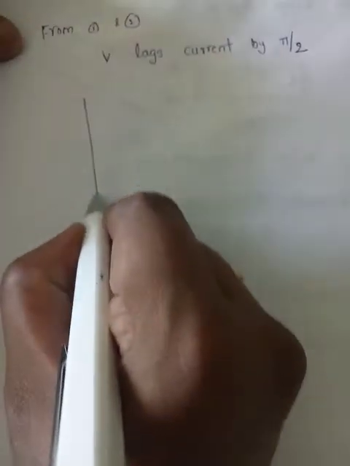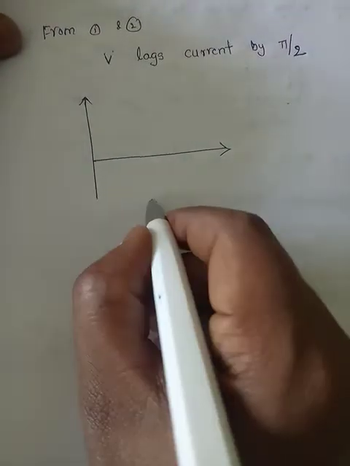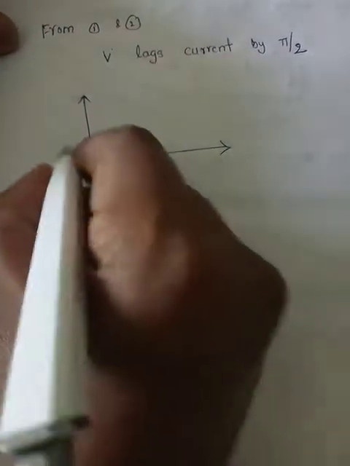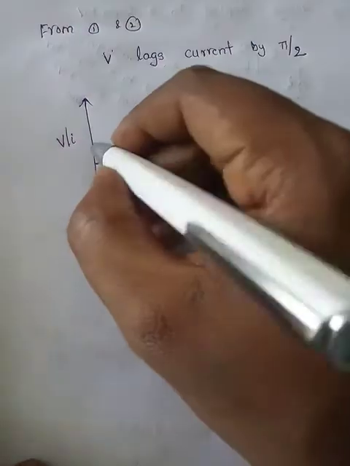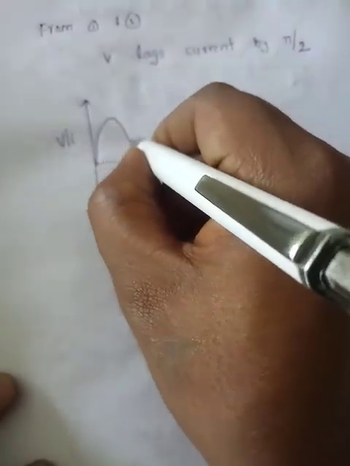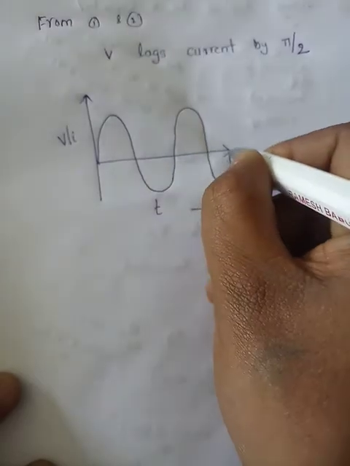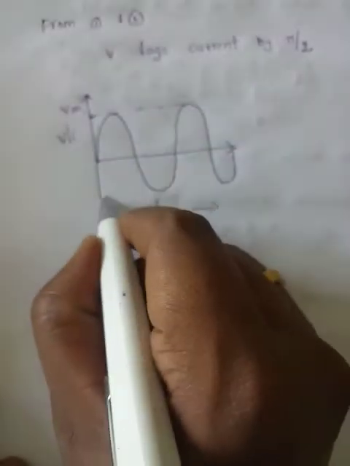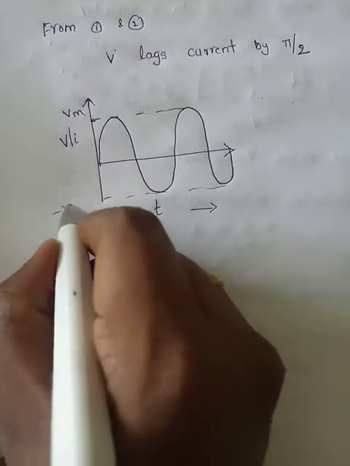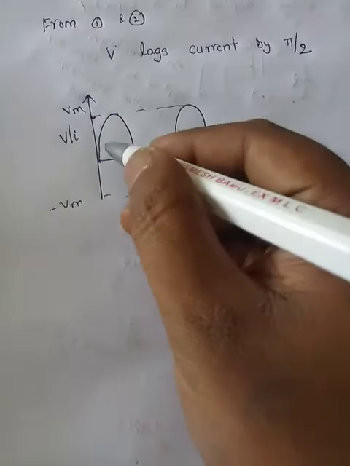Now, we got the phase difference. Let us draw the graphical representation of how it varies in terms of waves. I already said that the applied voltage amplitude remains constant, so this is Vm and this is minus Vm. Here current is leading, so when voltage is at 0, current is at maximum.